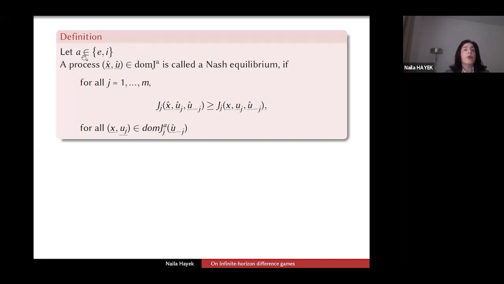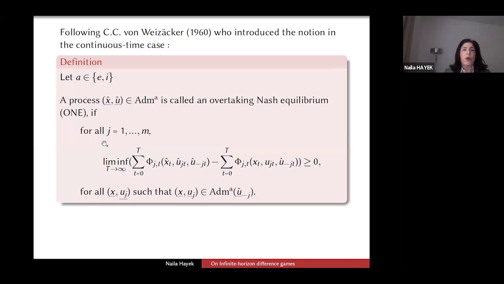I put here, let A be in E or I, meaning that I'm considering the problems with a difference equation or a difference inequality. So following von Weizsäcker, who introduced this notion in the continuous time case, I will introduce the notion of overtaking Nash equilibrium.